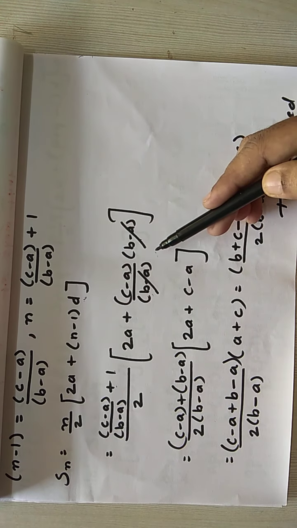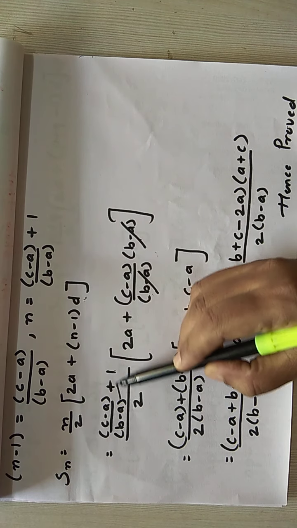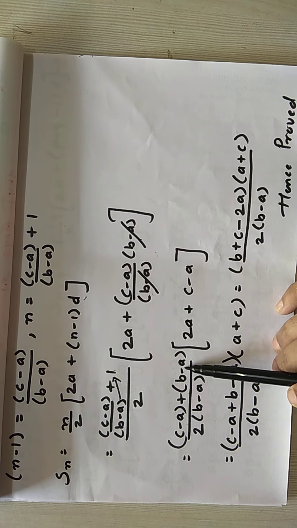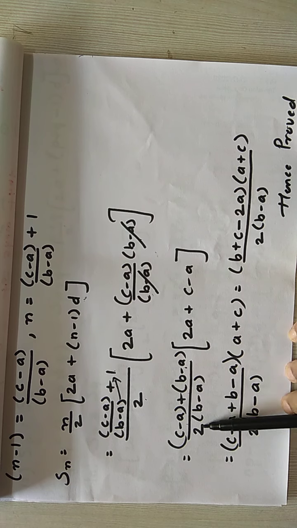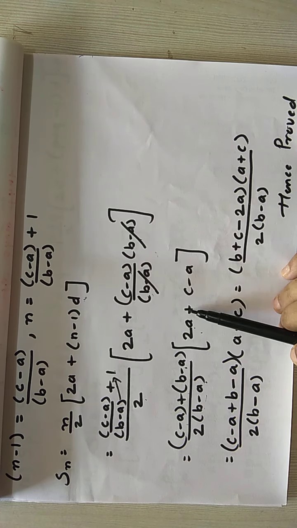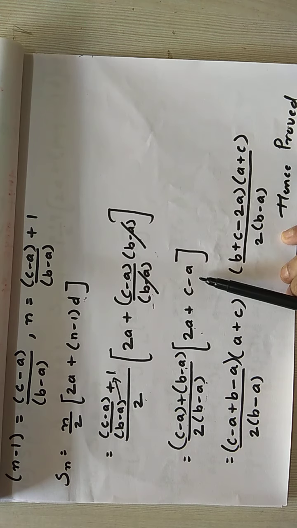B minus A cancel. C minus A, cross multiply. This cross multiplies over here. C minus A plus B minus A upon B minus A will come with 2 now. 2B minus A in the bracket. 2a plus B minus A cancel. C minus A remains.